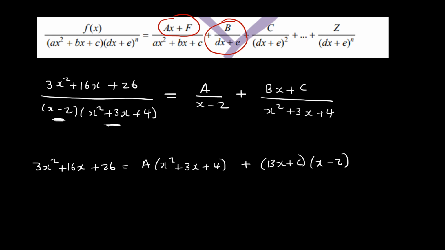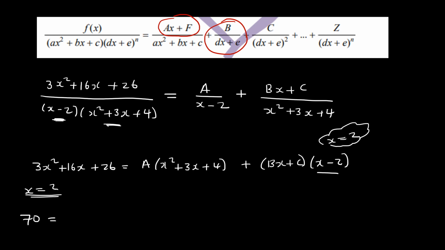So the easy way is to start by making x 2 here. If x is 2, your b and c terms will be 0, right? So let's start there. If x is 2, let's substitute. We have 3 times 2 squared plus 16 times 2 plus 26. I'm getting 70.